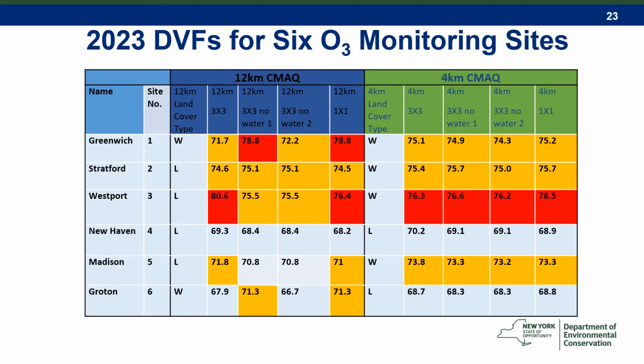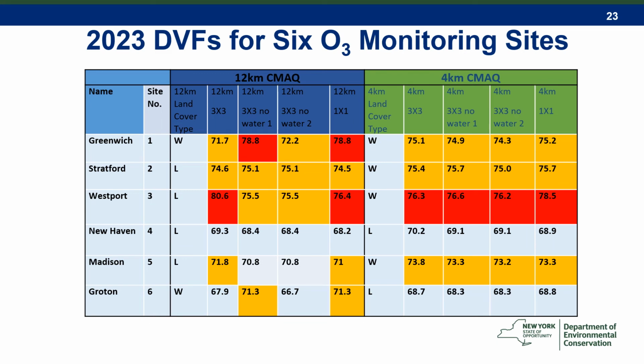This table shows 2023 DVFs for the 6 monitoring sites over the Connecticut coastline using 4 different methods. For the 12 km platform, the 4 different methods give relatively large different results.